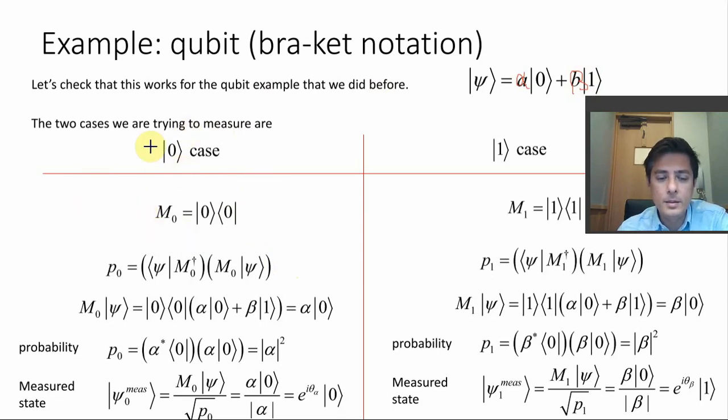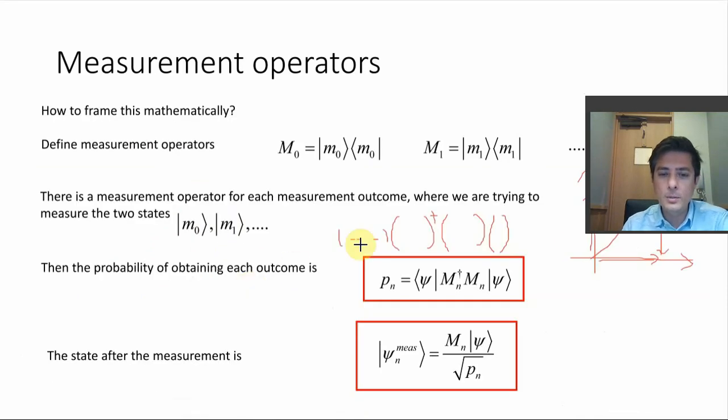Sorry, the state that we're trying to measure is 0. So the measurement operator is this outer product of 0, 0. Then the easiest way to actually work this stuff out is you could do this kind of big matrix multiplication that I mentioned over here.